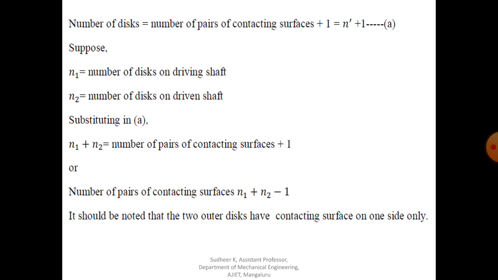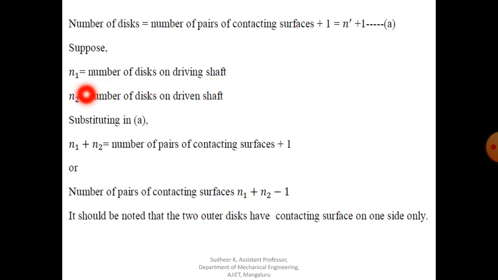You have seen there are 5 discs, 3 discs in set A and 2 discs in set B. So a total of 5 discs, but 5 discs means always one less. One less gives you the number of pairs of contacting surfaces, that is 4. So that is equation number A.